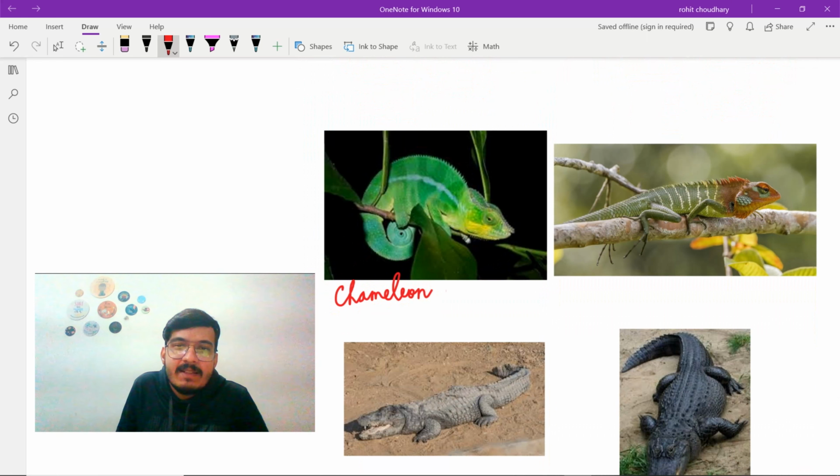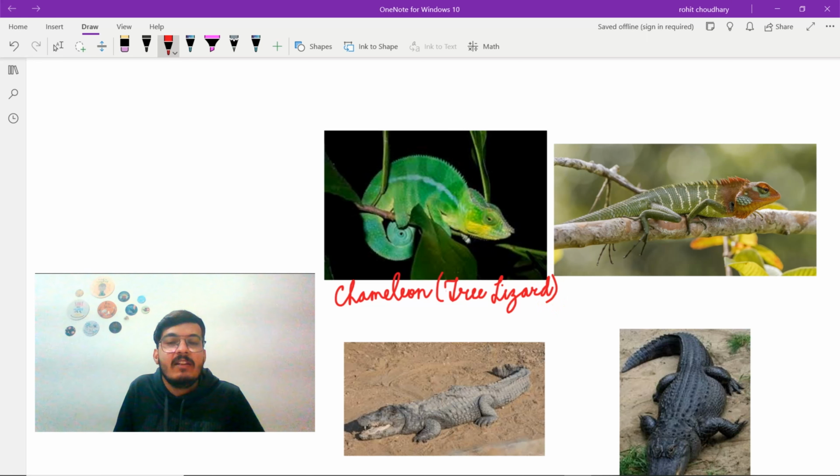It is commonly known as tree lizard. It lives an arboreal mode of life, that means it lives in trees. It has a long protrusible tongue which can be used to capture the prey. And it has a long prehensile tail, as we can see. And it can change its body color according to the surroundings. That means it shows the phenomenon of camouflage. So it is a chameleon.